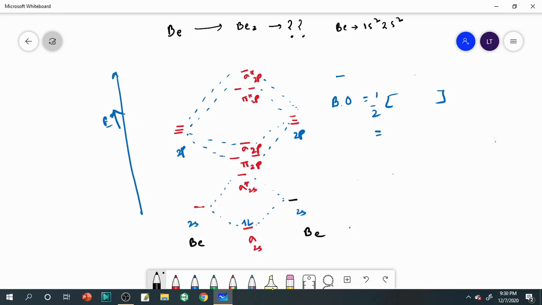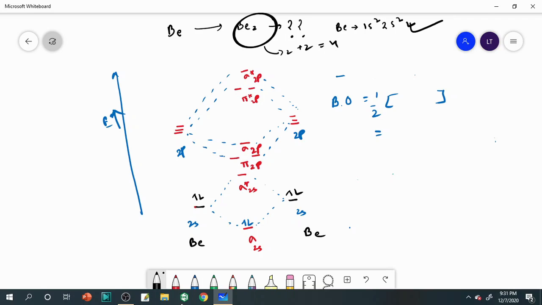So in one 2s orbital there occur 2 electrons. You see, in one atom there occur 2 electrons, and in another beryllium atom there also occur 2 electrons. So altogether in the Be2 molecule we get 2 plus 2 is equal to 4 electrons.